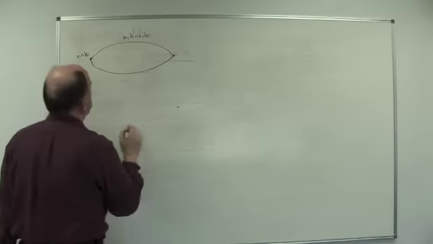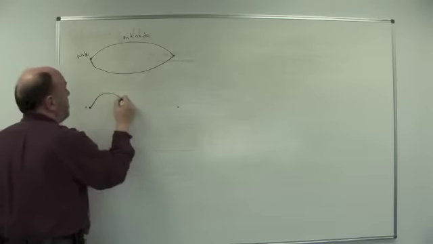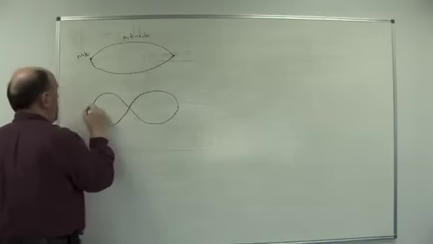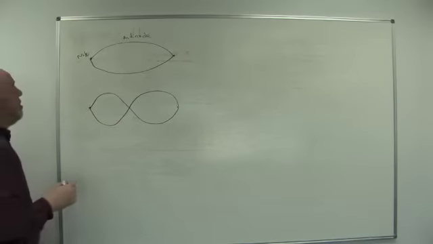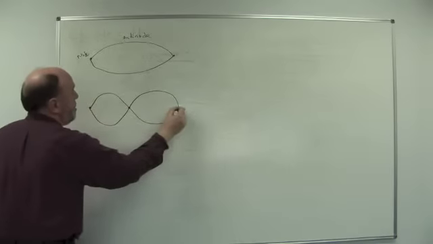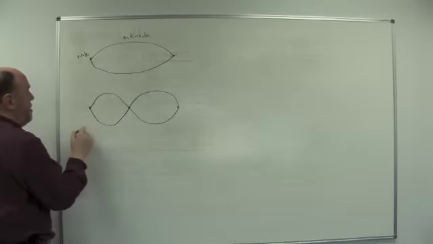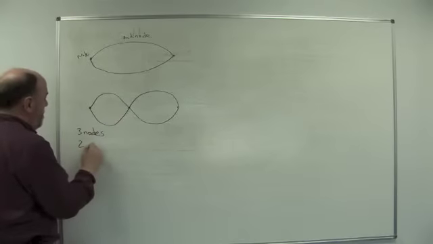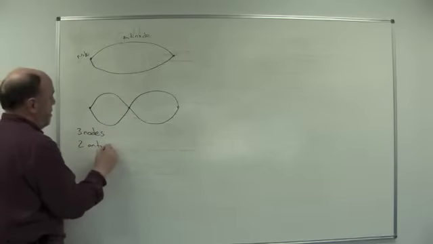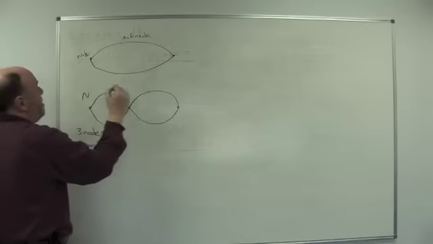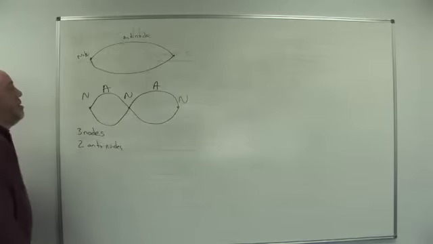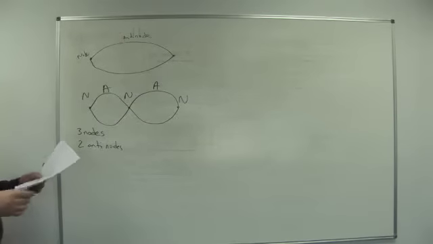Going up, we can look at something like this. Now we have three nodes and two antinodes. So we have N, N, N, and then A and A. So we get the first, second, third, and we keep generating these types of diagrams as we work our way up.